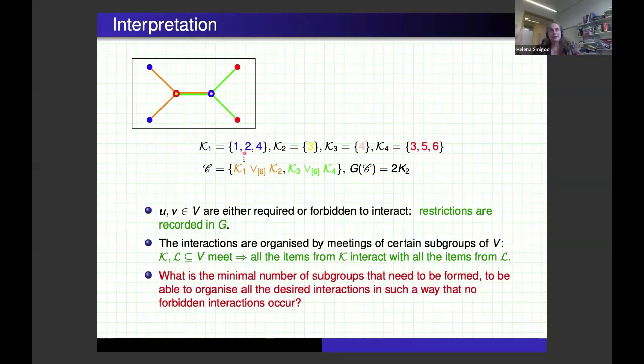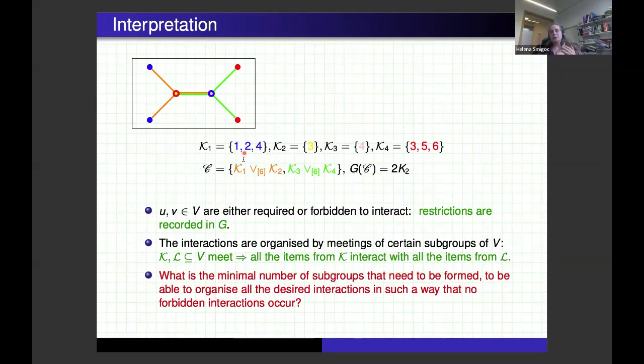To get us even a little bit more familiar with this idea, let me talk about an interpretation of this that you can think about. Let's say we have a set of items that are either forbidden or required to interact. And we record these restrictions in a graph. So if two items are required to interact, we put an edge between them. And if they're forbidden to interact, then there's no edge between those two items.